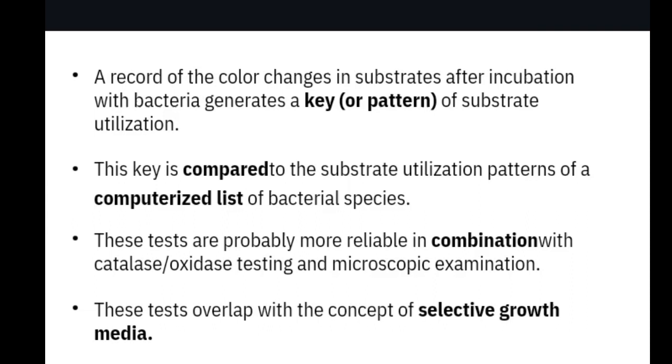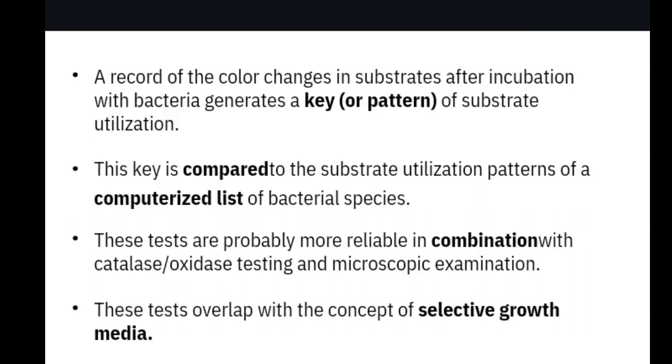A record of the color change in the substrate after incubation with bacteria generates a key or pattern of substrate utilization. This key is compared to the substrate utilization patterns of a computerized list of bacterial species. These tests are probably more reliable in combination with oxidase testing and microscopic examination.